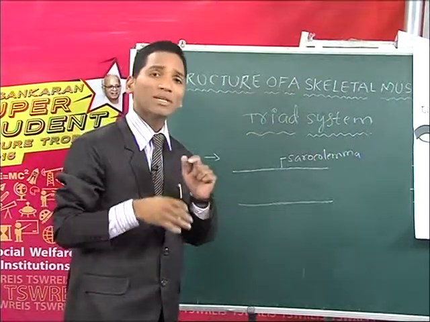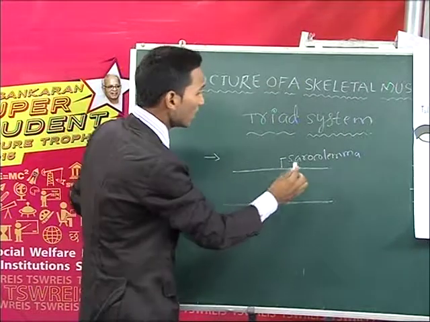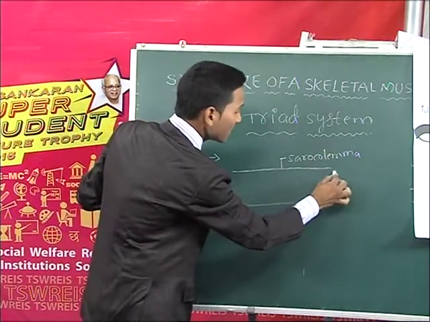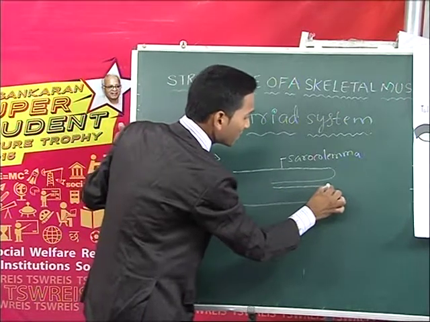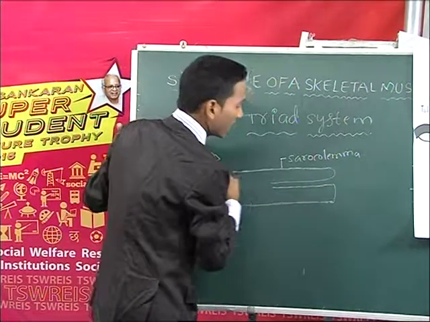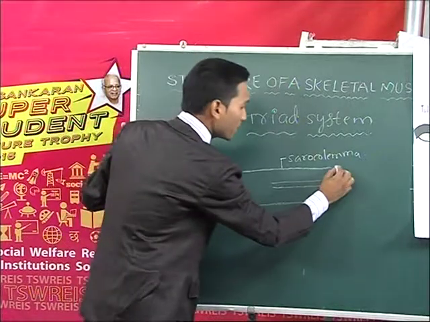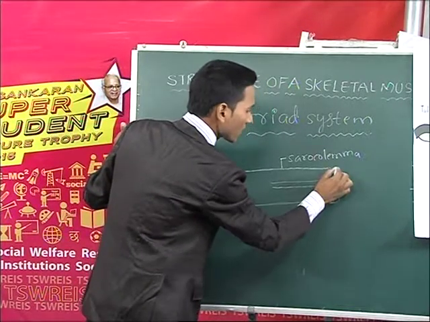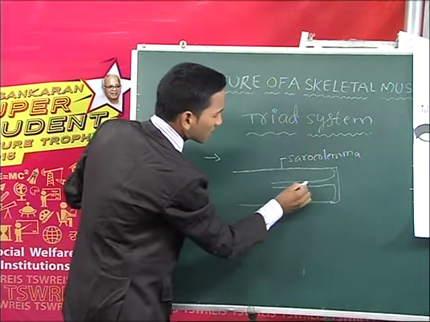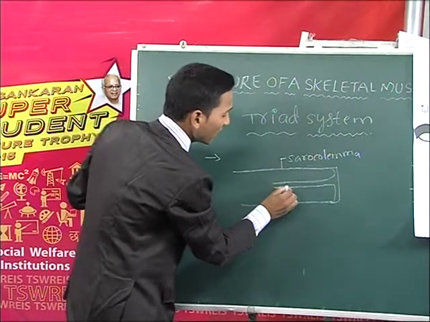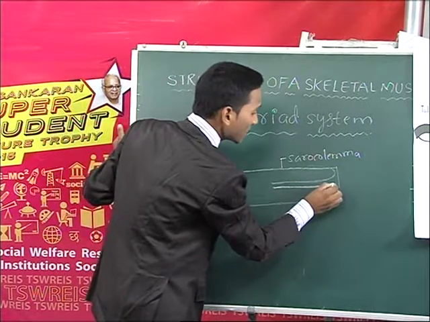In many muscles, when the sarcolemma invaginates into the sarcoplasm, it forms a T-shaped tubule. See here, when the sarcolemma invaginates into the sarcoplasm, it forms a T tubule.